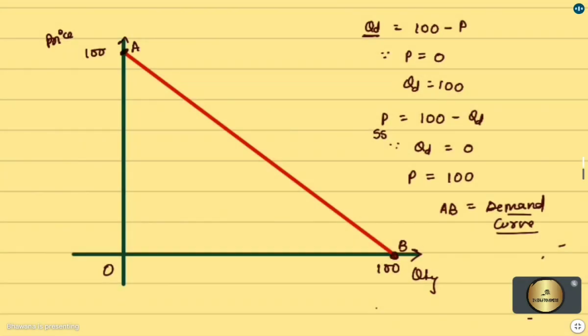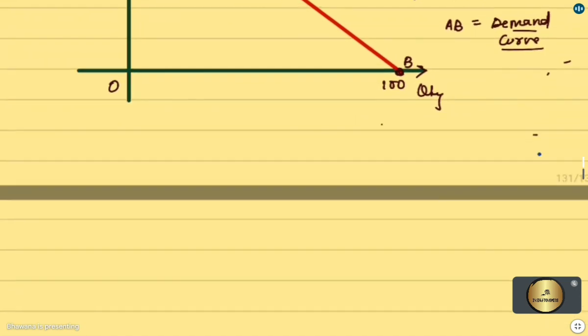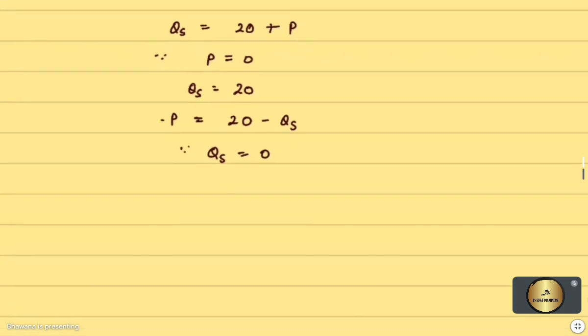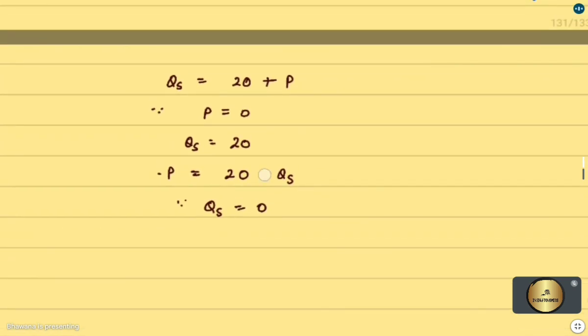Now we will derive the supply curve using the supply function, 20 plus P. When you put P equal to 0, you get quantity supplied equal to 20. When you manipulate it in terms of price, you get minus P is equal to minus 20.